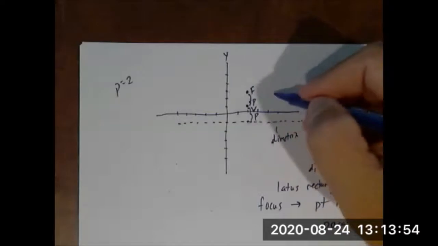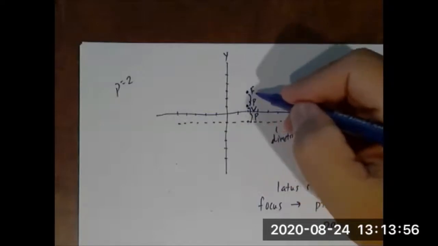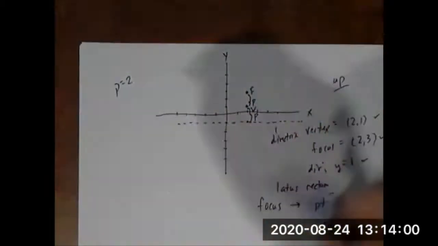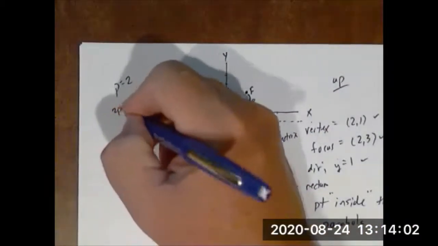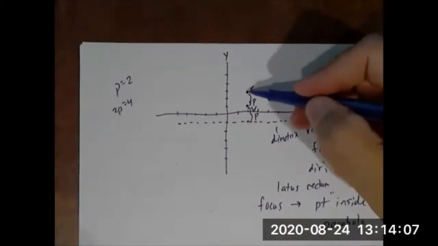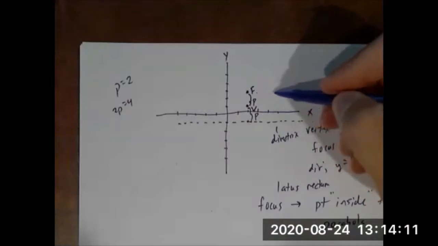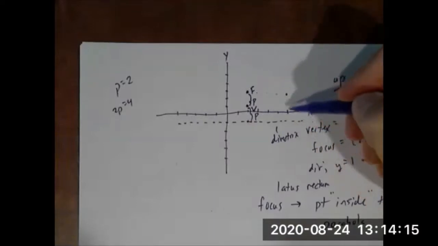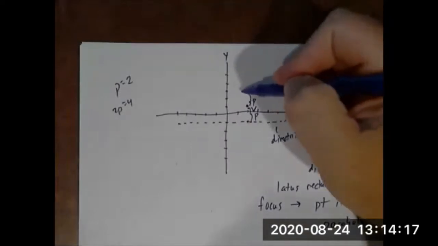But for these next 2 points that help me graph, I'm going to move a distance 2p. So if p is 2, then 2p is going to be 4. So I go to my focus, and I move 4 to the right: 1, 2, 3, 4. And then 4 to the left.